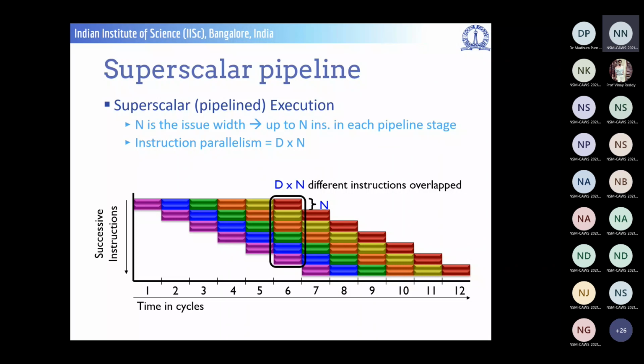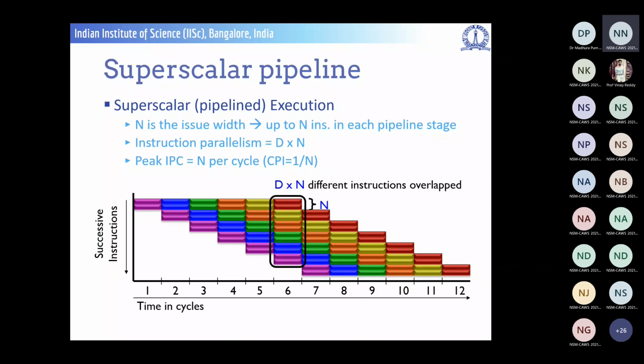So it's more parallelism, and that's what the superscalar pipeline tries to achieve. We'll see what the challenges are, and what needs to change, throughout this lecture. But this is the basic idea of the superscalar pipeline.